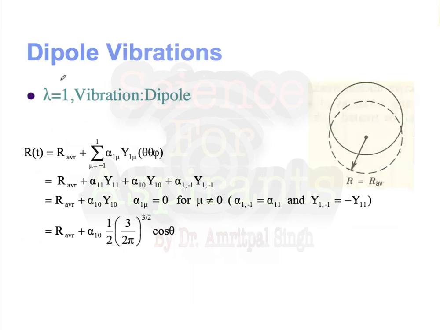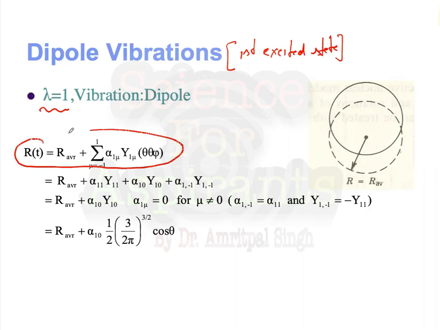And for dipole vibrations, the value of lambda is equal to 1, and this is generally known as the first excited state. In this dipole vibration you will see that the value of the radius is continuously changing, due to the Legendre polynomial they have applied here.